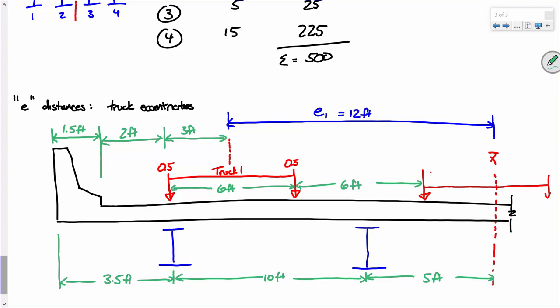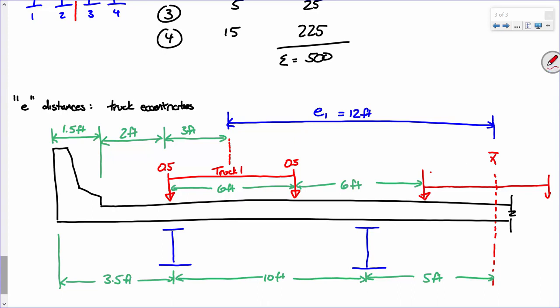There you go. I was getting ready to ask that. If you look at the dimensions, you'll find that the center of this second truck and the center of gravity of the whole thing just happen to coincide, right?